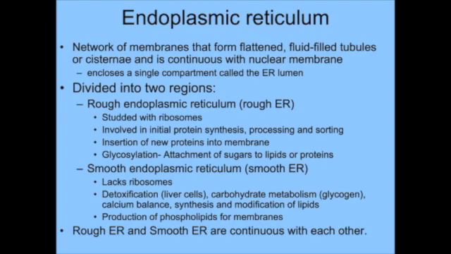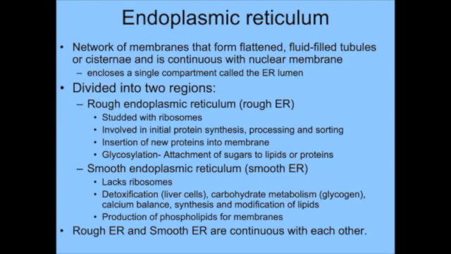Now, the endoplasmic reticulum is our next stop in the endomembrane system, and it is actually divided into two regions. The endoplasmic reticulum is really quite large, incredibly large, not quite as big as the nucleus, but it wraps itself around the nucleus. It is formed out of these flat fluid-like tubules, and they're all smashed up together.